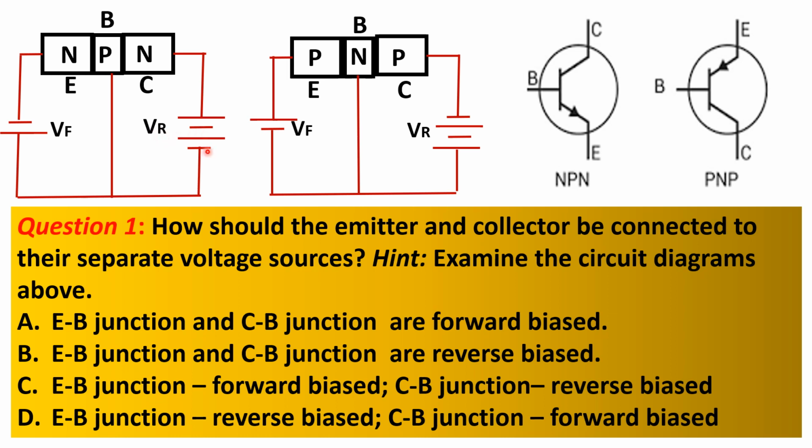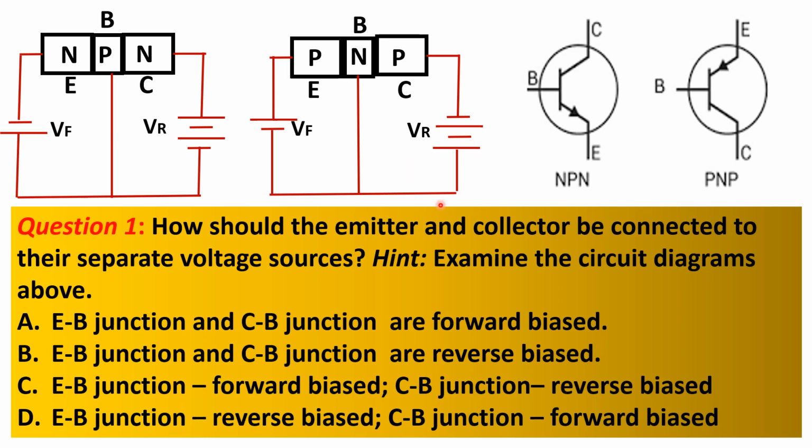You will notice also that between the two batteries, we emphasize that the VR has greater voltage compared to the first battery. This is the input voltage, and that is the output voltage. So that's true for NPN and PNP transistors.